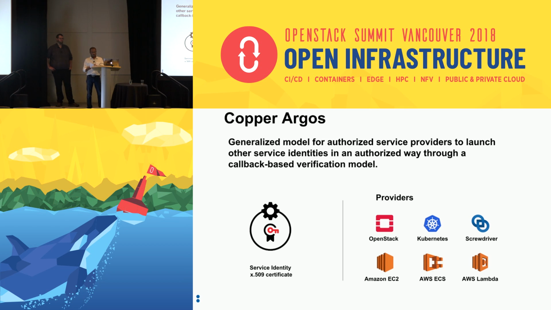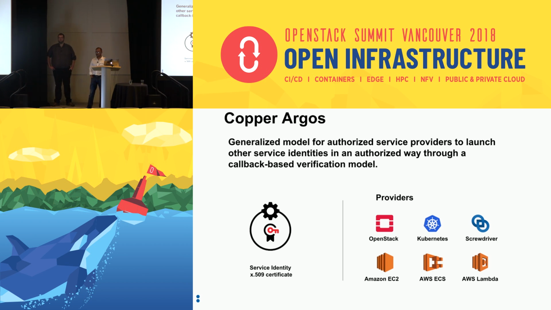Let me talk a bit about what Copper Argos is. We talked about service authentication, and our goal for Athenz is to provide a service identity in the form of an X509 certificate to every single workload in your private or public cloud. As an organization, you may have several providers. At Oath, we use OpenStack to manage our private cloud.